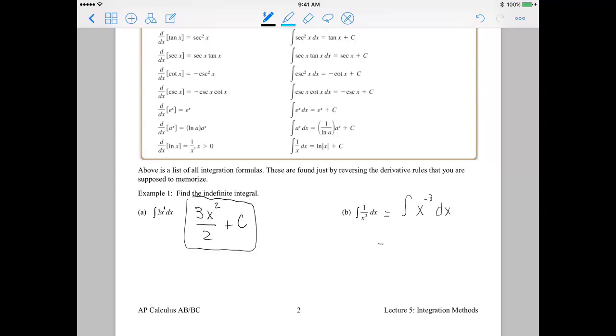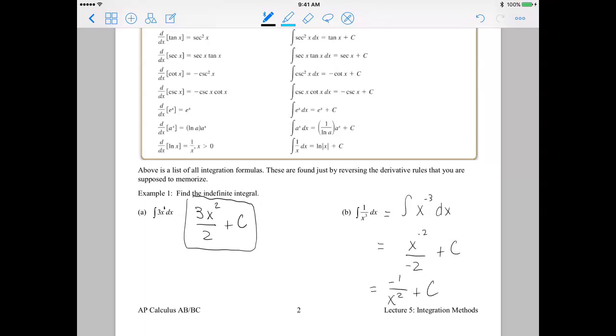Once I do that, now I'm able to use the power rule. So I increase the exponent by 1. If I increase negative 3 by 1, it becomes a negative 2. And then I'm going to divide by the new exponent, which is negative 2. And then don't forget my plus c. So the way that I would probably write this is negative 1 over x squared plus c.